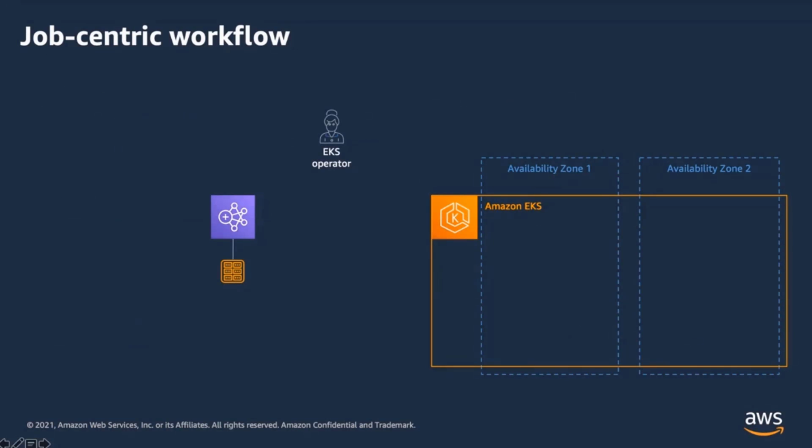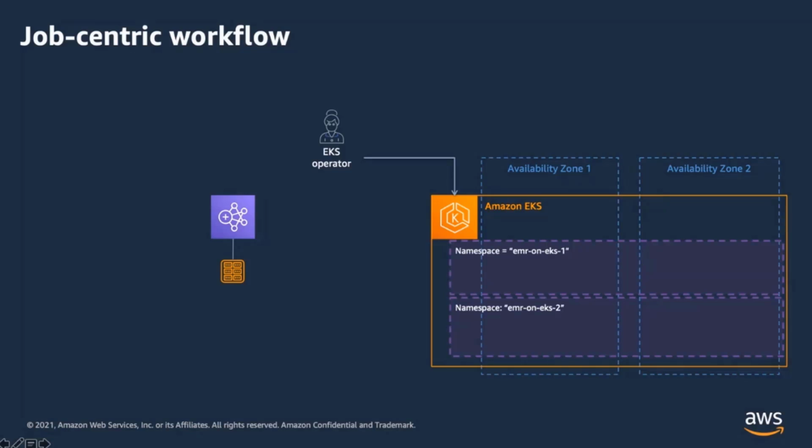So here you can see, if you're a multi-tenant user, there is also a separation of duties. If you have an EKS operator, maybe a central team who creates your EKS cluster, the EKS operator can go and create namespaces, which is a construct within Kubernetes. Here I've created 2 namespaces. Once those are created, I register your cluster to EMR.